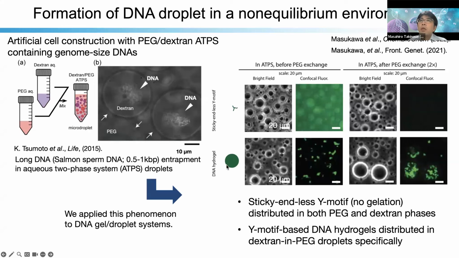But if we make the DNA hydrogel or DNA droplet, these large particles are specifically dispersed into the dextran phase only. So we can condense the DNA system into the dextran phase in the PEG.